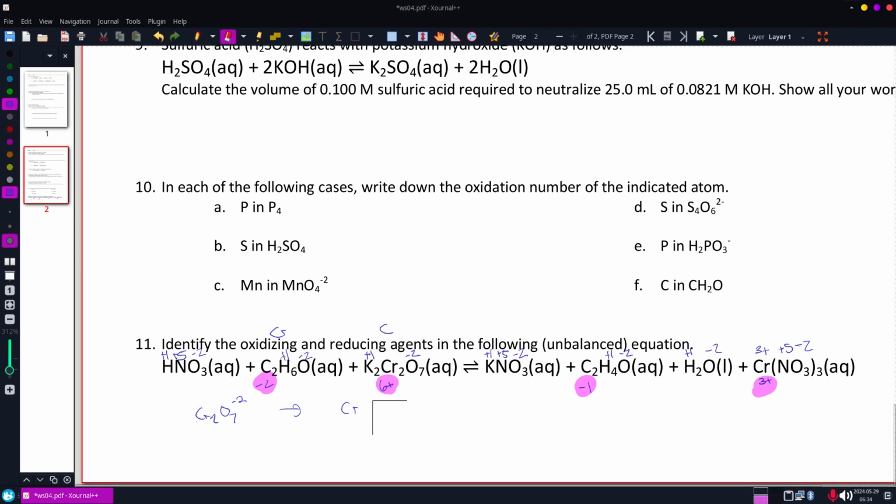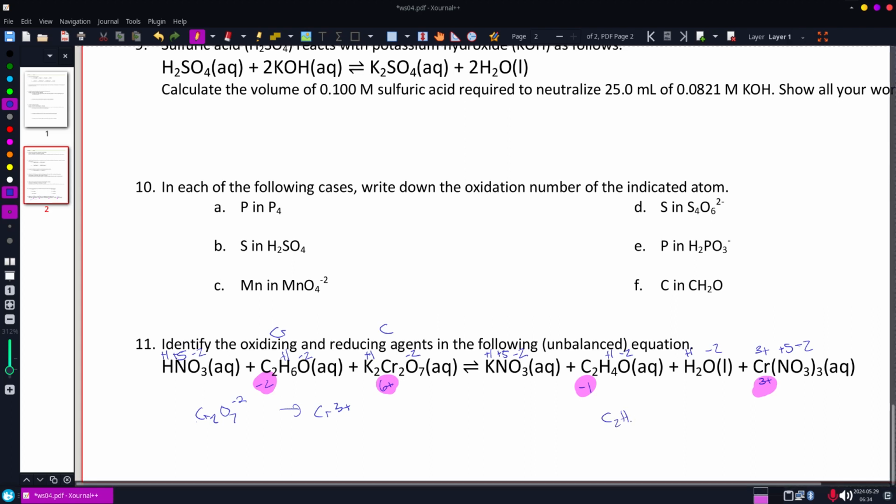And I'm going to erase the nitrates on this and give myself just Cr3+. And I can't do that with the carbon and hydrogen species because that's not ionic. So I'll have to do the full thing on that half reaction.